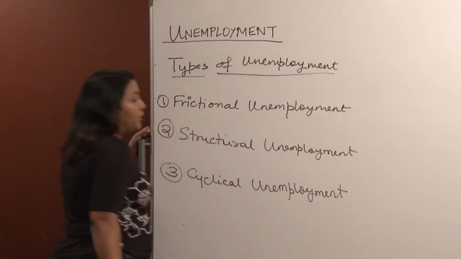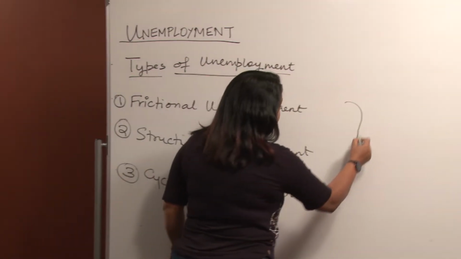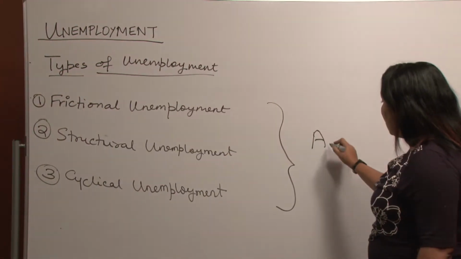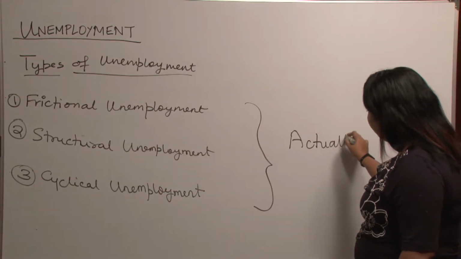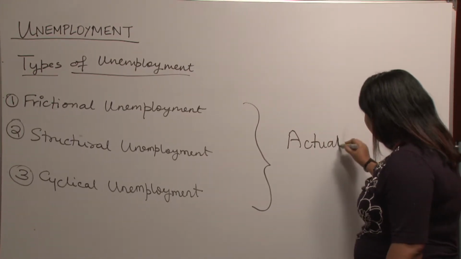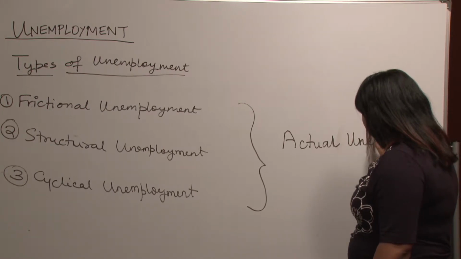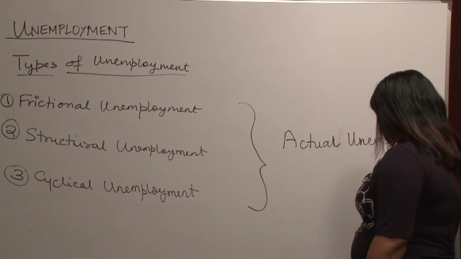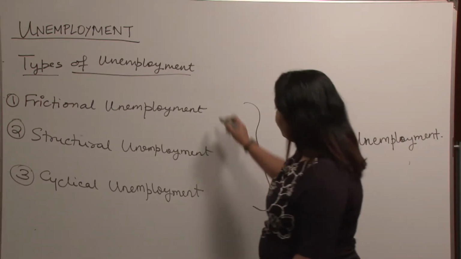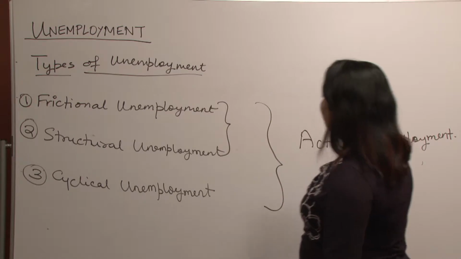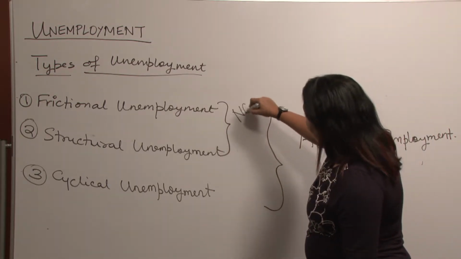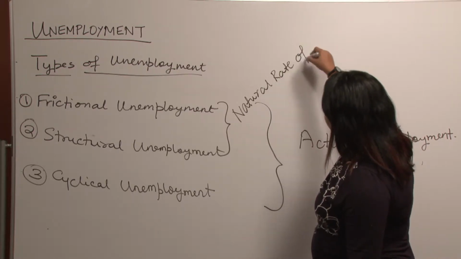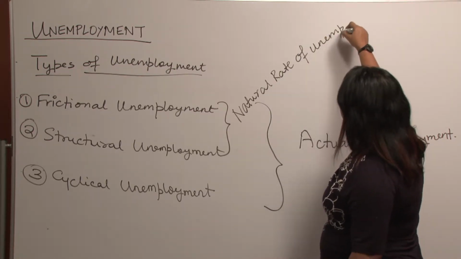Now, all these three together, frictional, structural and cyclical, form the actual unemployment of the country. Actual unemployment. One and two together, that is frictional and structural together, only these two are the natural rate of unemployment.